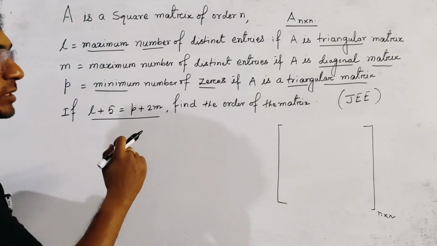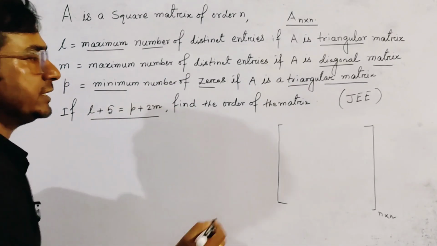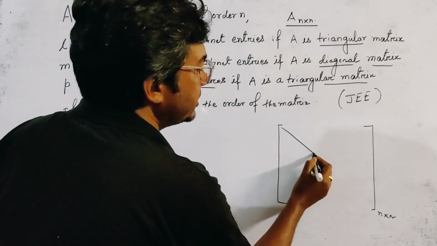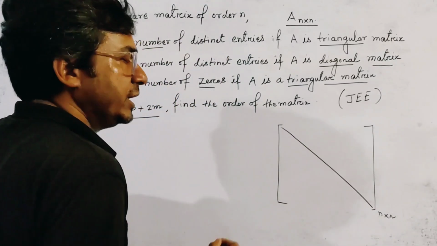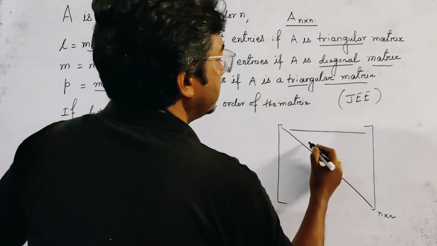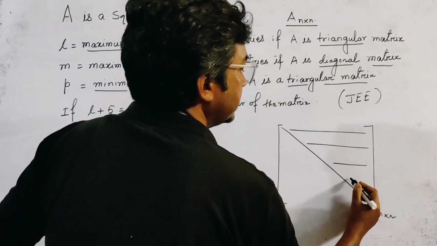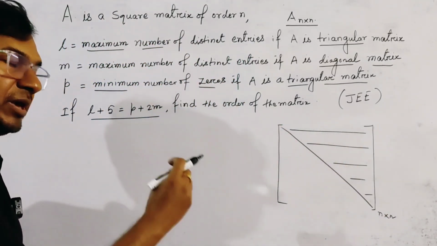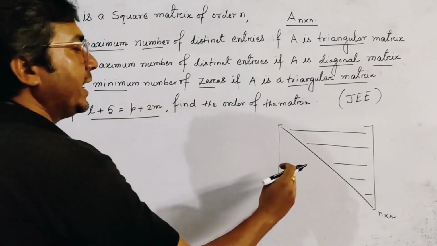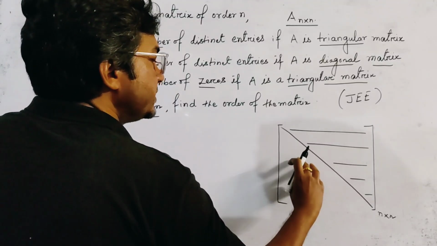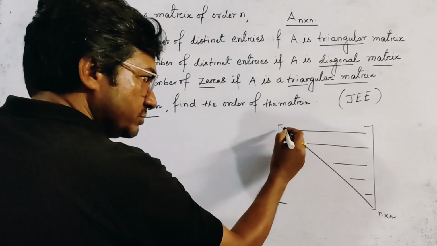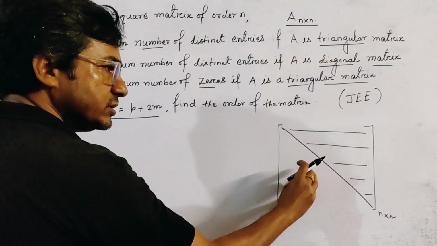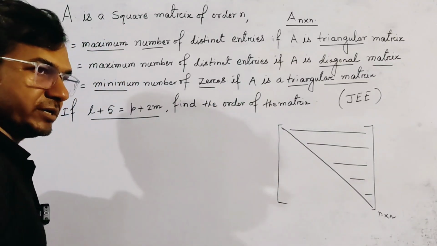If we consider an upper triangular matrix, then this is the principal diagonal, and all these entries may be non-zero, and the entries below the principal diagonal must be zeros for an upper triangular matrix.